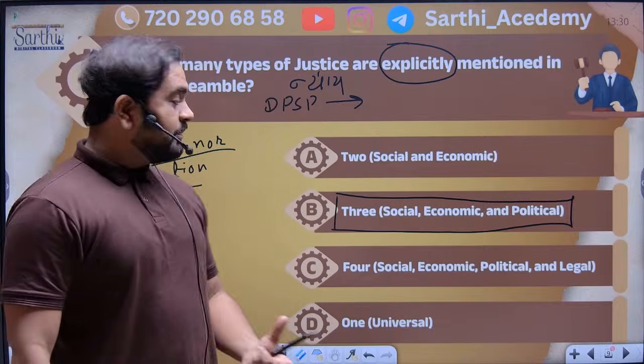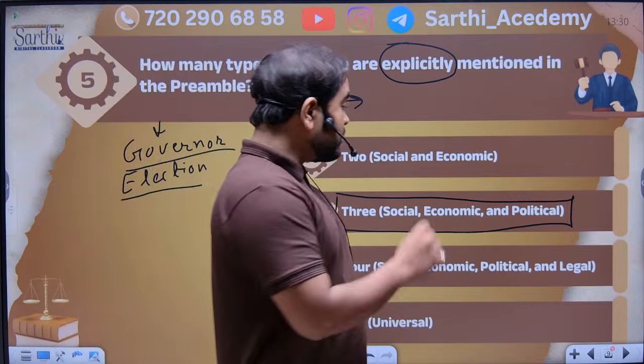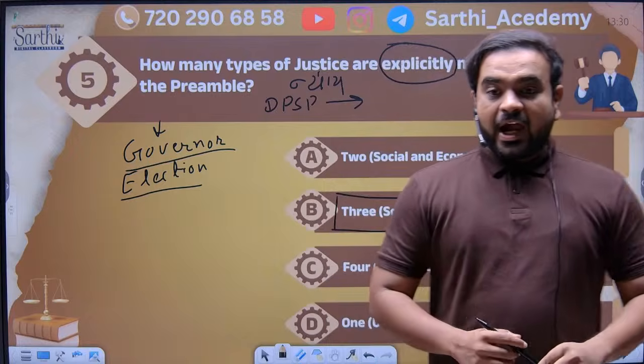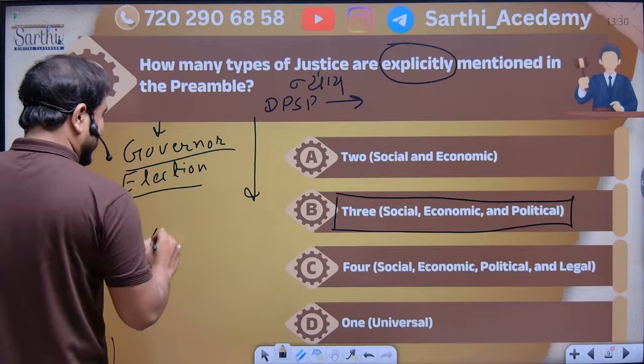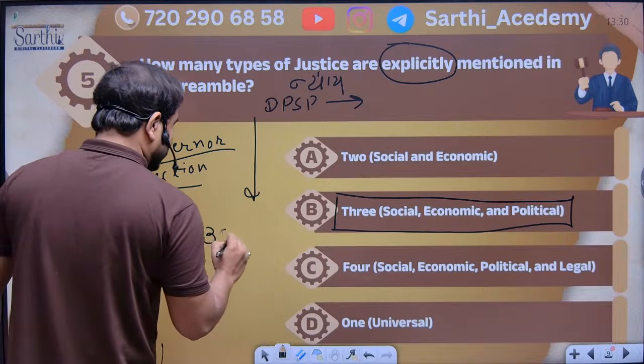So 3 types of justice: social, economic and political. Article 38, and that is the perfect answer. Yes my dear friends, that is article number 38.